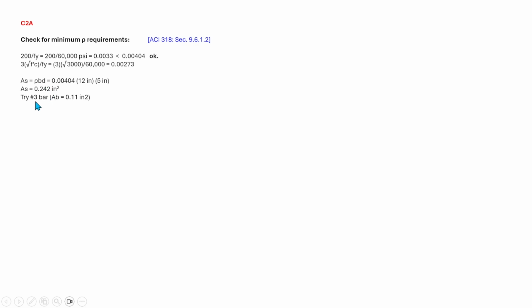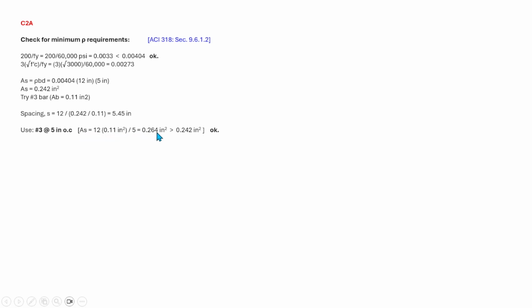So if we use number 3 bars with an area of 0.11, the spacing is equal to 12 over 0.242 over 0.11. That would give us a spacing of 5.44 inches. So let's say we will use number 3 at 5 inches on centers.